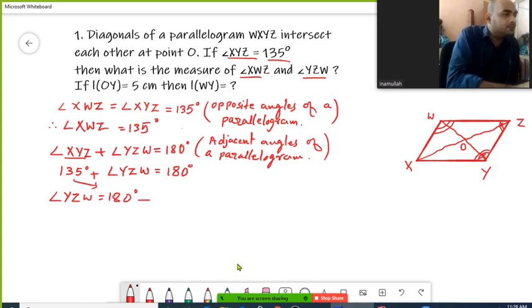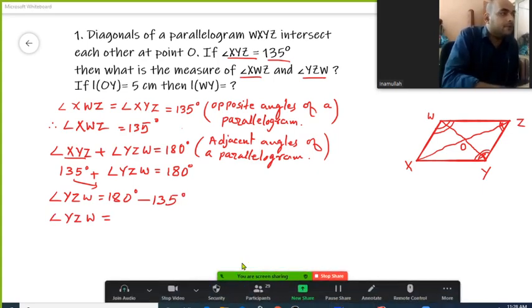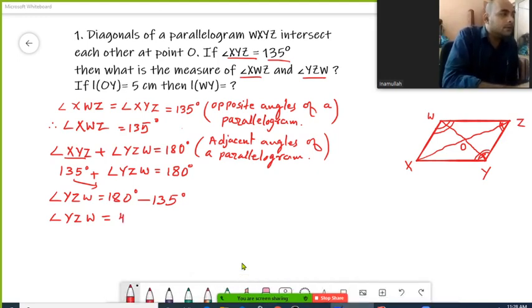This positive 135 will become negative 135 degree. So angle YZW is 135 subtracted from 180, that is 45 degree. So angle YZW is 45 degree.